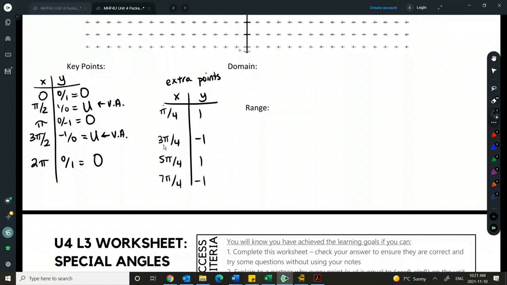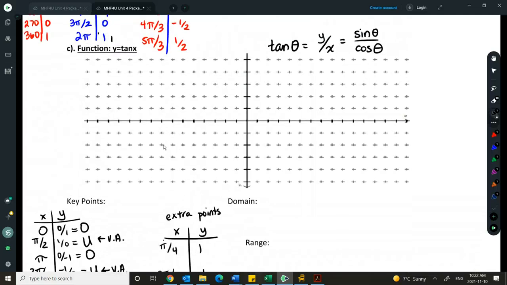You can test them on your calculator too, right? As long as you're in radian mode. If I plug all these into my calculator, I can find all the positive ones and negative ones. My calculator can help with that too. I'm just reinforcing the idea of how we can use the unit circle and how it's useful, okay? All right, so same labels as before.